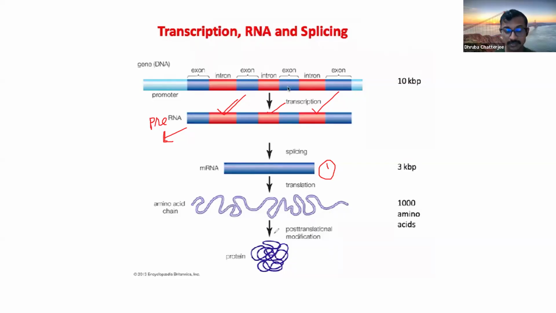This phenomenon called alternative splicing allows you to get different protein isoforms from the same gene that can encode different mature mRNAs. Okay.